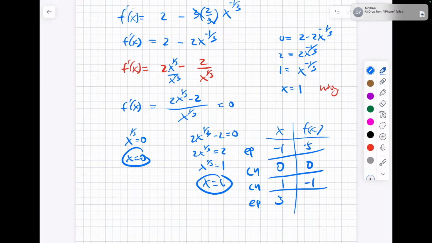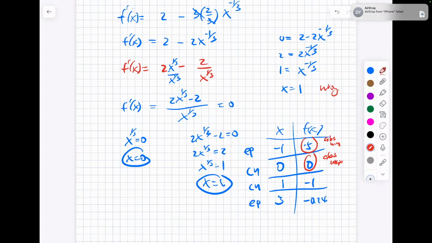This is -1, and for this value you have to use a calculator, so it's -0.24. So where did your maximum happen? Yes, absolute max. And what's the absolute min? -5. That's a value, and those are the things I'm paying attention to.